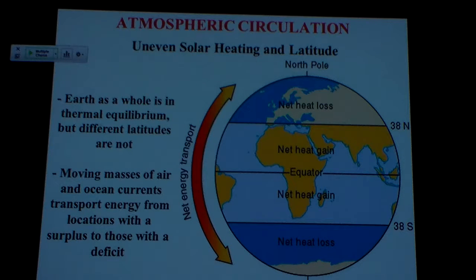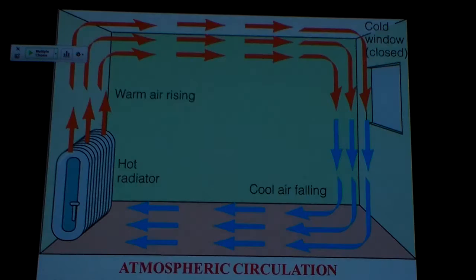And you'll notice that I've done this essentially by convection. The same process we talked about in the mantle that was driving plate tectonics, this hot material moving upward, spreading out under the crust, cooling off, sinking back down at the subduction zones to be reheated and recycled again. Same type of thing, only we're using air.